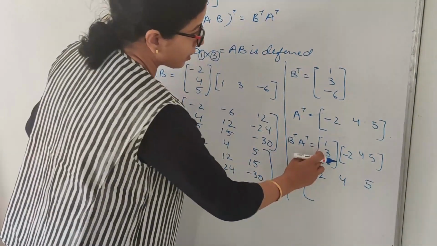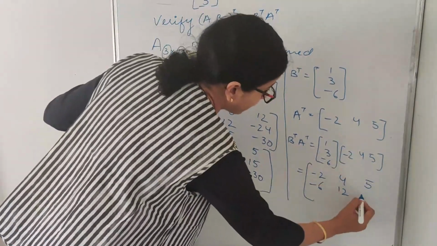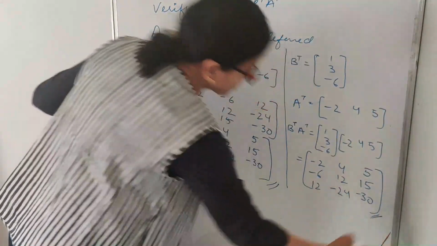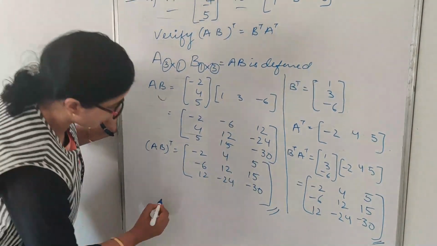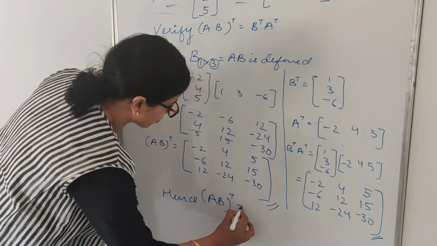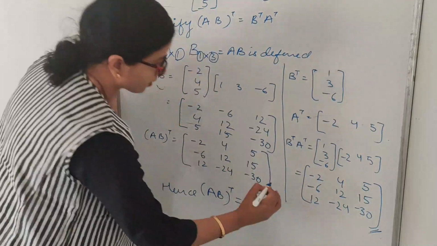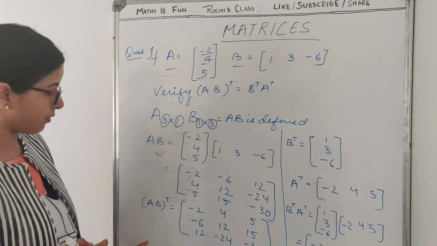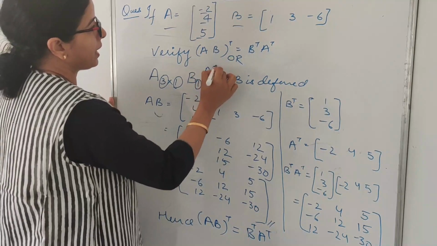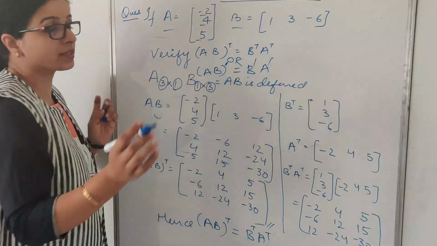Multiply now 3 by this: minus 6, 12 and 15. This and this, you are getting the same. Hence, (AB) transpose is equal to B transpose A transpose. So don't get confused. If it is written with a dash instead, they can give you this question this way also: (AB) dash is equal to B dash A dash. It is the same thing.